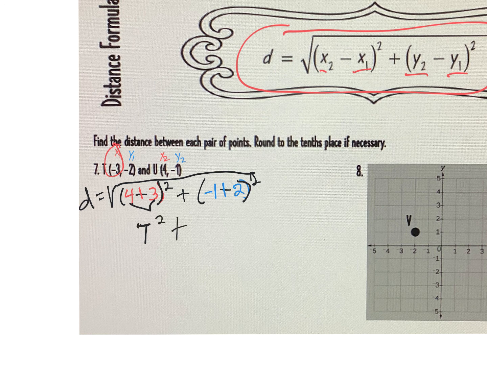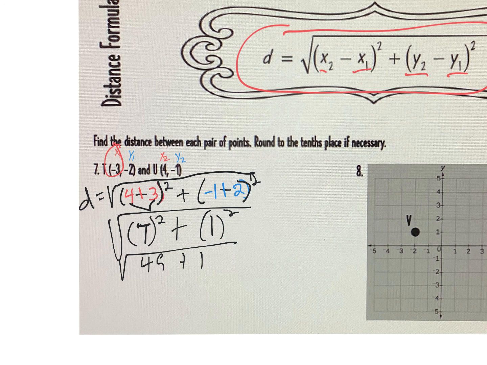I have a negative 1 plus 2, which is 1 squared. So 7 squared is 49, plus 1. Remember, you still have the square root symbol going on here. So I have the square root of 50. That's not a perfect square, so put it in your calculator and you get 7.07.